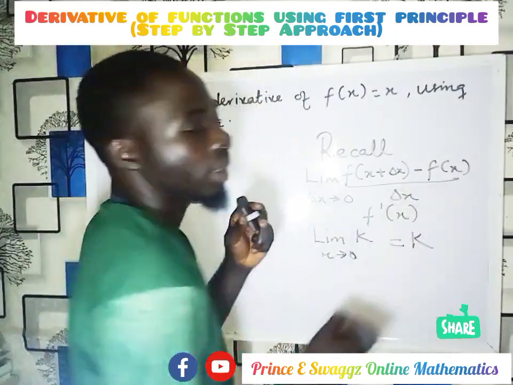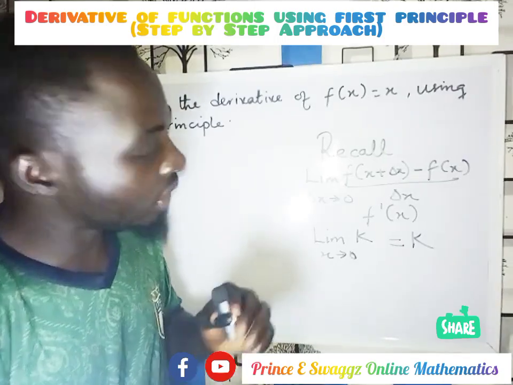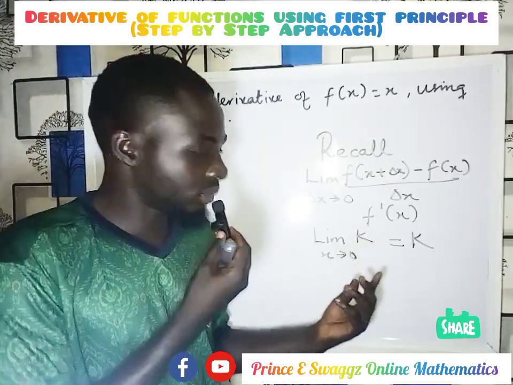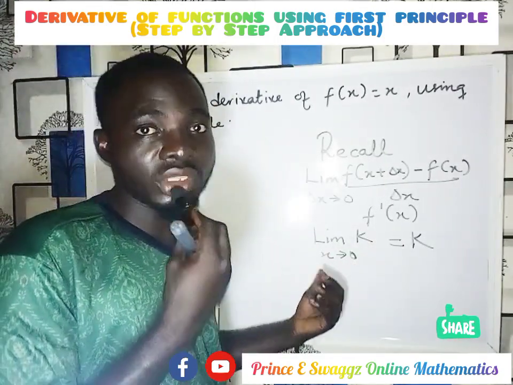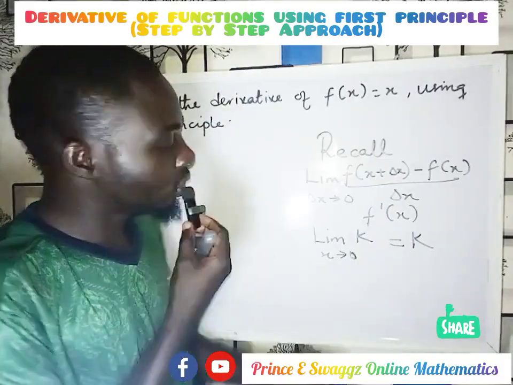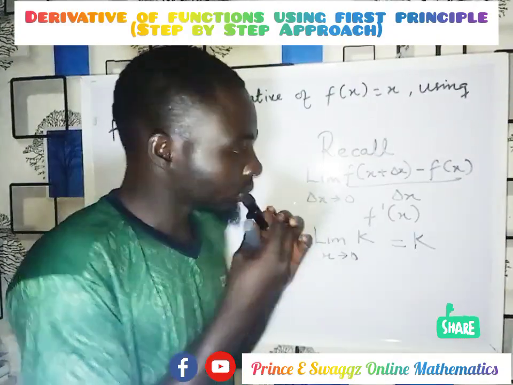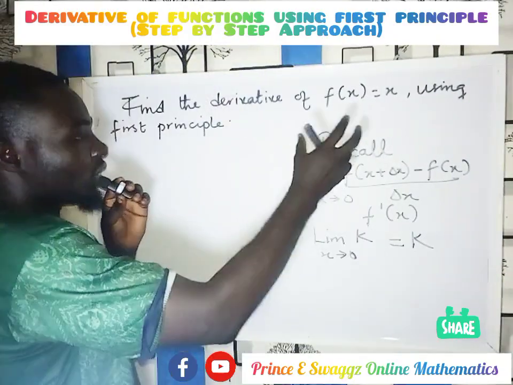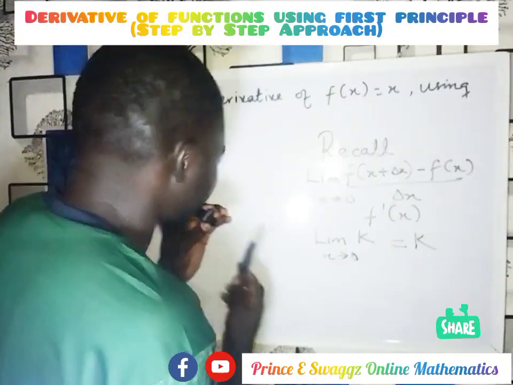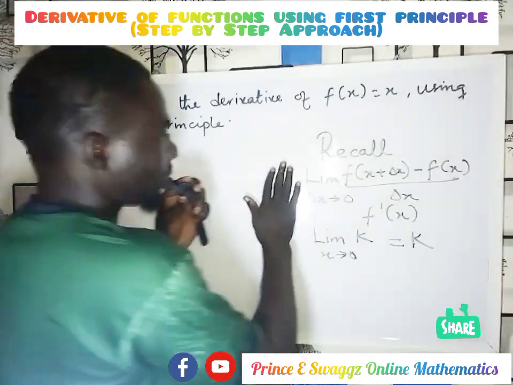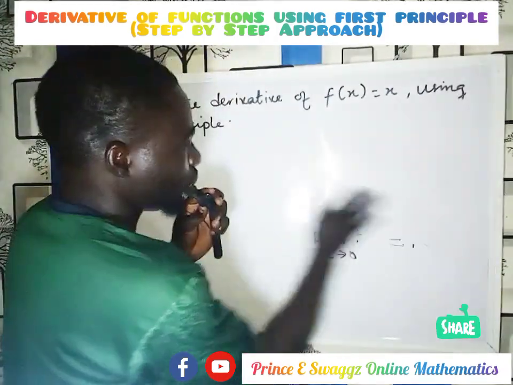The constant k back. So the limit of any constant as the variable tends to 0 is going to give us the constant back. Having understood these facts, let's now come to the solution.